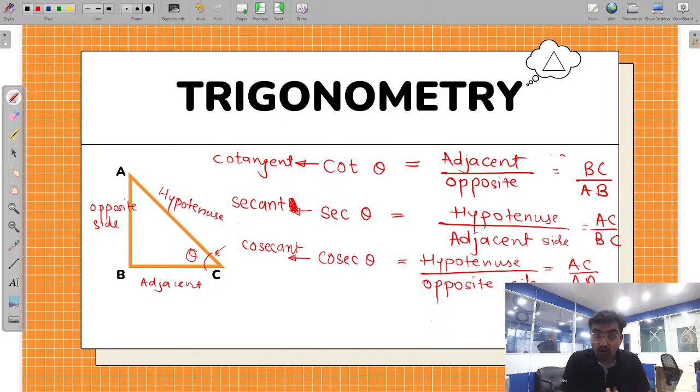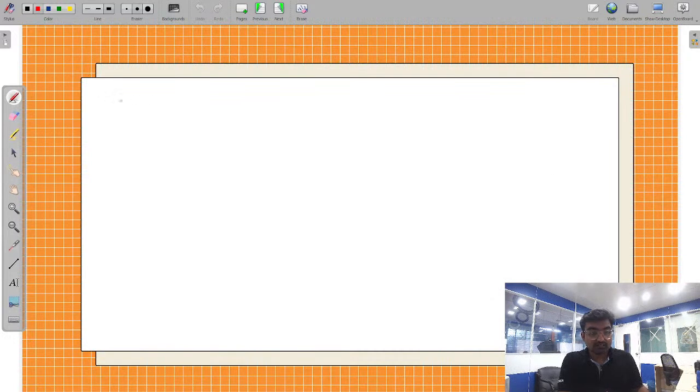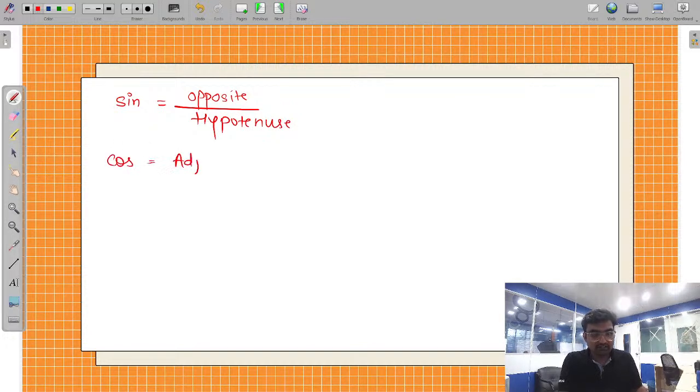For sine and cos you can memorize them. You'll have to memorize them for a while, but after a while you'll get used to it and just know what the ratios are. Now I'll write the ratios again. Sine is opposite upon hypotenuse. Then cos is adjacent upon hypotenuse, HYPT I'll write for short form.